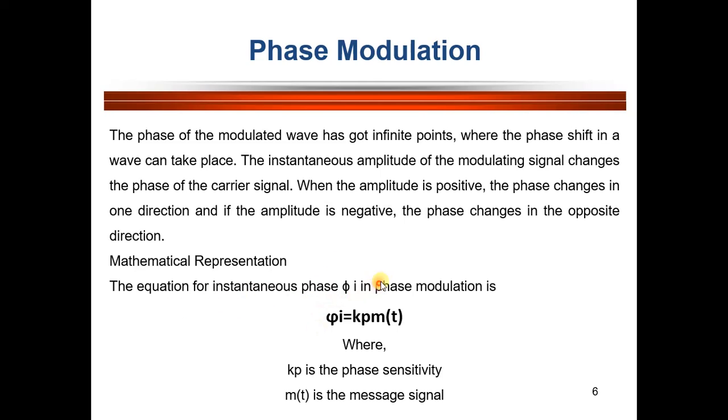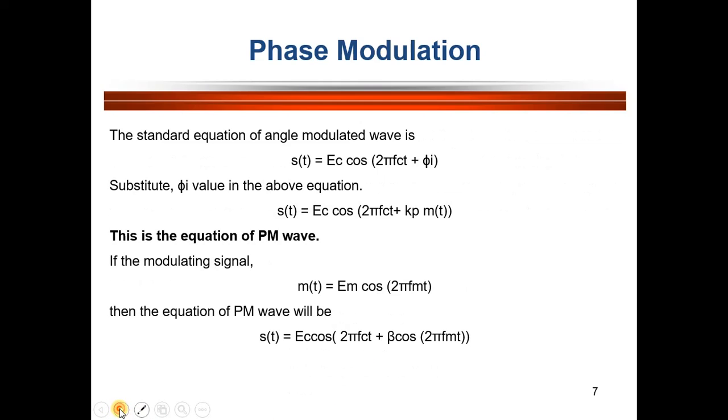The equation of the instantaneous phase phi i in phase modulation is represented by Kp m(t), where Kp is the phase sensitivity and m(t) is the message signal. This is the standard equation of an angle modulated wave: s(t) = Ec cos(2 pi fc t + phi i).